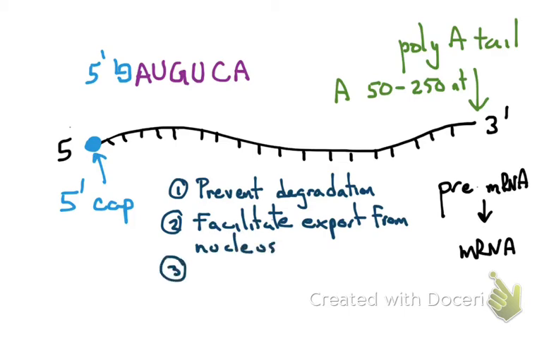And finally, the third thing that they do is that they aid in the ribosome attaching to the mRNA. And so, in other words, they're going to aid in the process of translation.